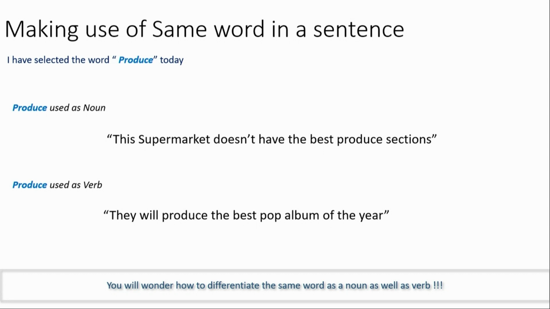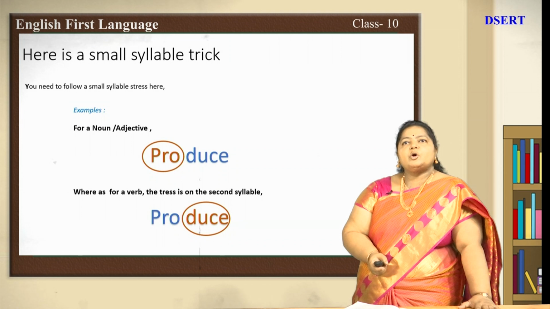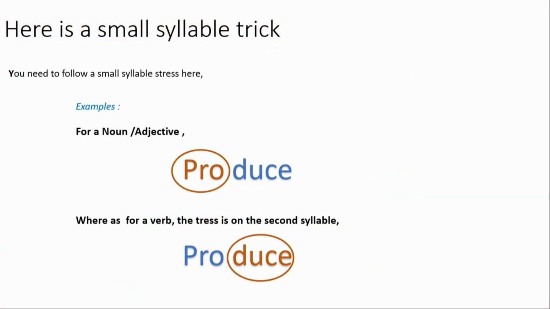You might be wondering, how can the same word be used as a verb and also as a noun? Let us see a small syllable trick, stress. For a noun or an adjective, the first syllable is stressed. Produce is spelled P-R-O-D-U-C-E.